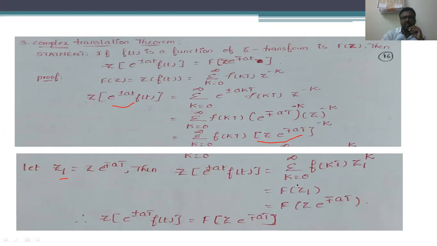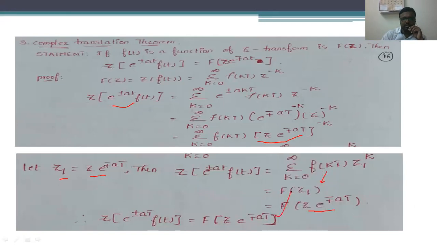That is nothing but F of z1, the Z transform of the function f of t evaluated at z1. What is z1 here? We have taken that particular value as z into e power minus plus aT. So just substitute that value for z1, and we are going to get F of z into e power minus plus aT.